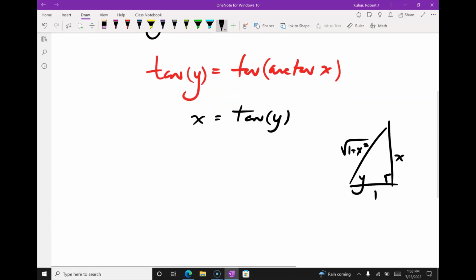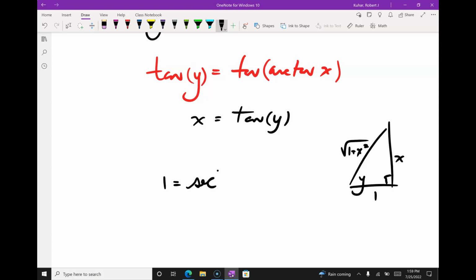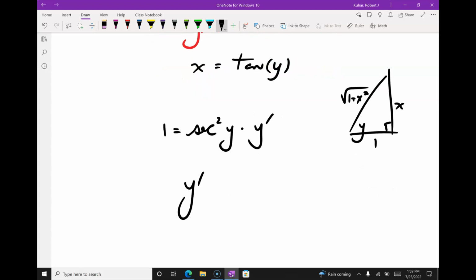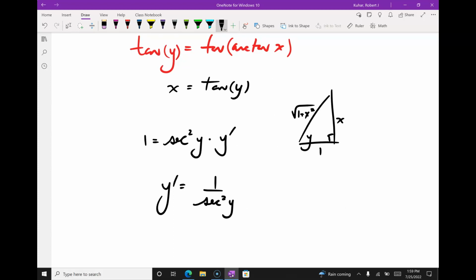So help me take a derivative now. What's the derivative of the left-hand side? It's 1. Derivative of tangent is secant squared of y times y prime. Nice. So I get y prime is 1 over secant squared of y, or just cosine squared, right?